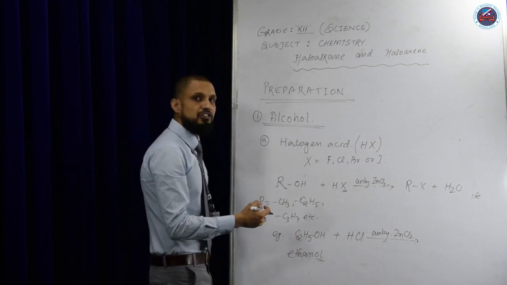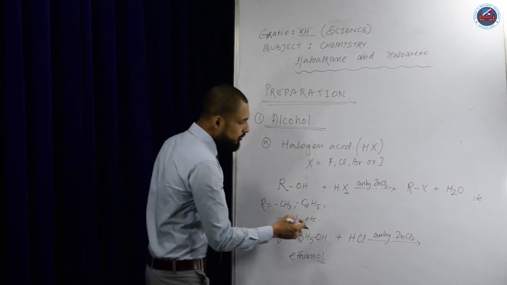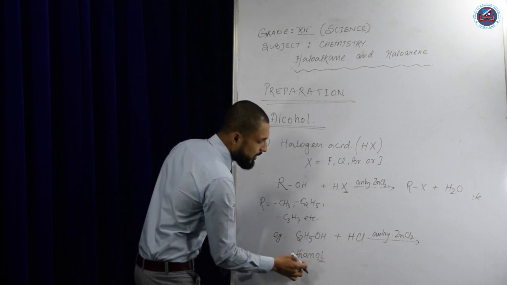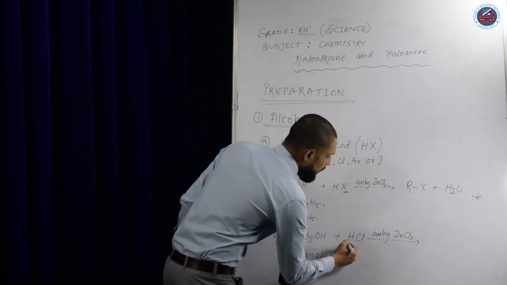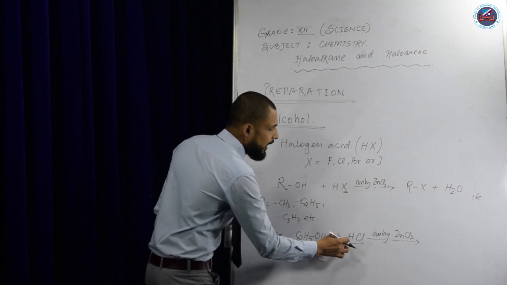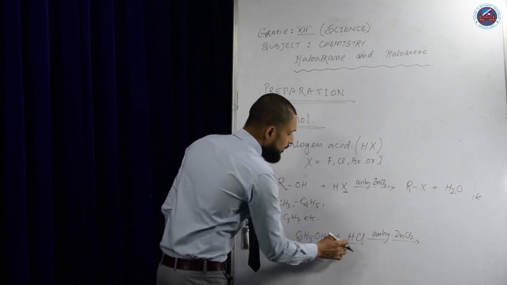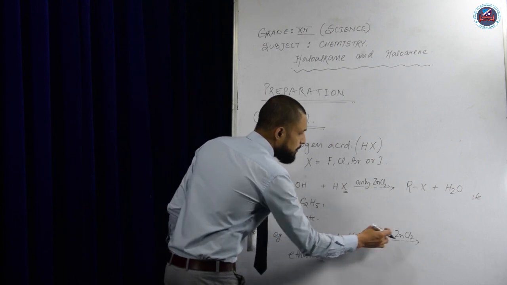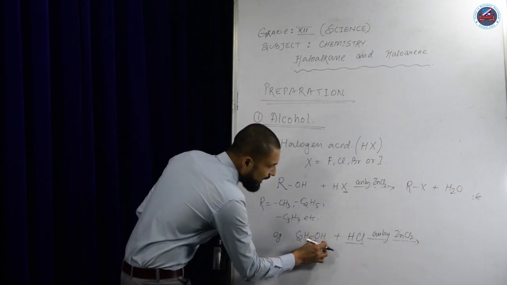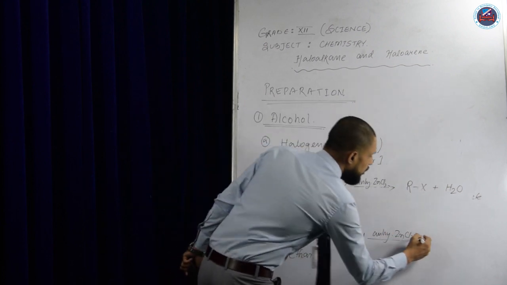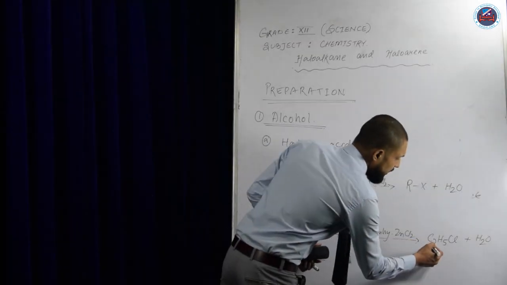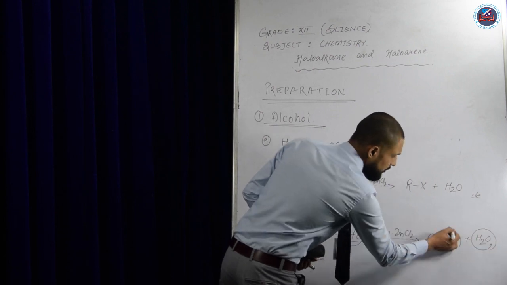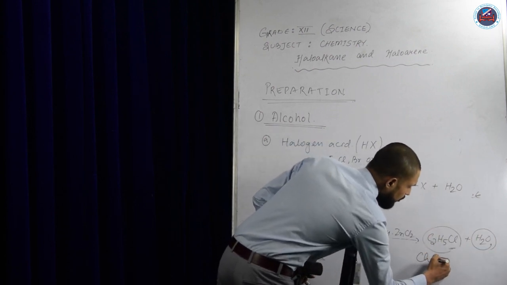It's ethane, E-T-H-A-N-E. Since it's alcohol, E is replaced by OL, so it becomes ethanol. What is the name of this halogen acid? It's hydrogen chloride. Now when ethanol reacts with hydrogen chloride, the product formed will be OH replaced by Cl. So we get C2H5Cl and water. The name of this compound is chloroethane.